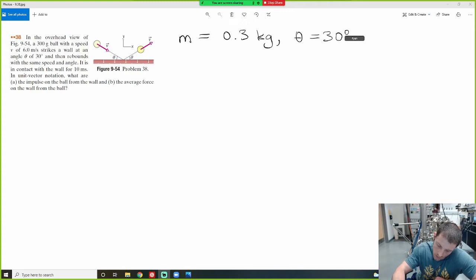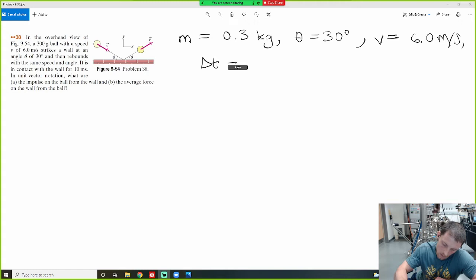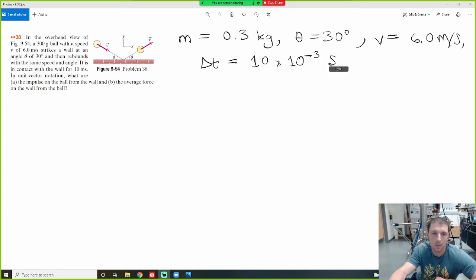Let's say V is 6 meters per second, and then delta T is, well, 10 times 10 to the negative third seconds, right? That's how we would convert from milliseconds to seconds.